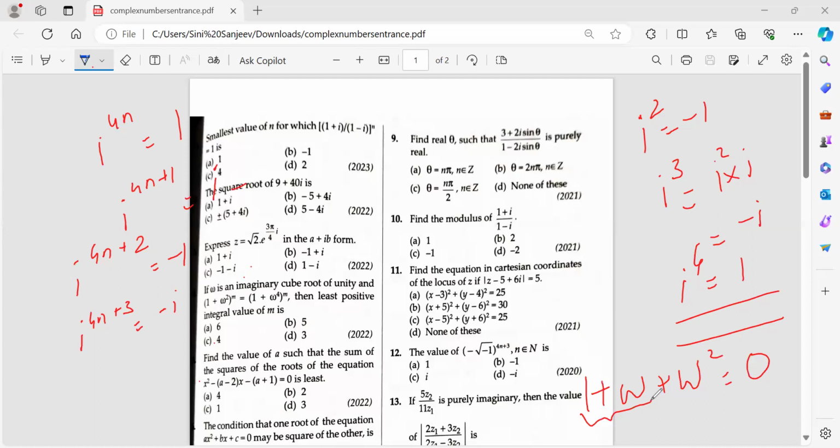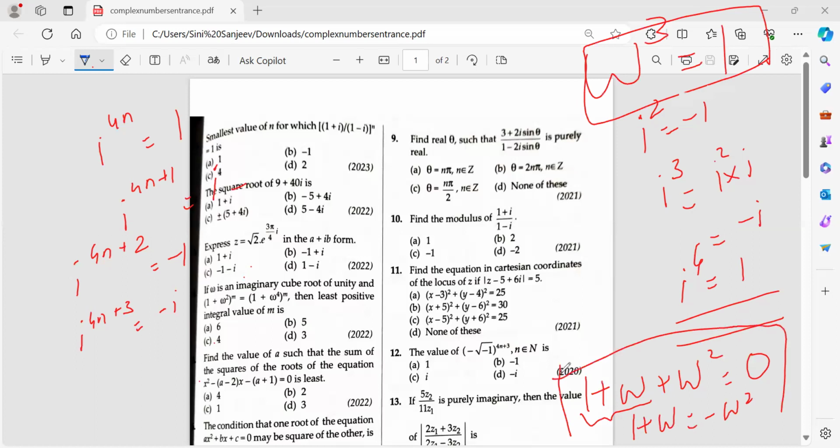Minus omega square. What is 1 plus omega from this equation? Minus omega square. And omega cube value is 1. So these are the important things.